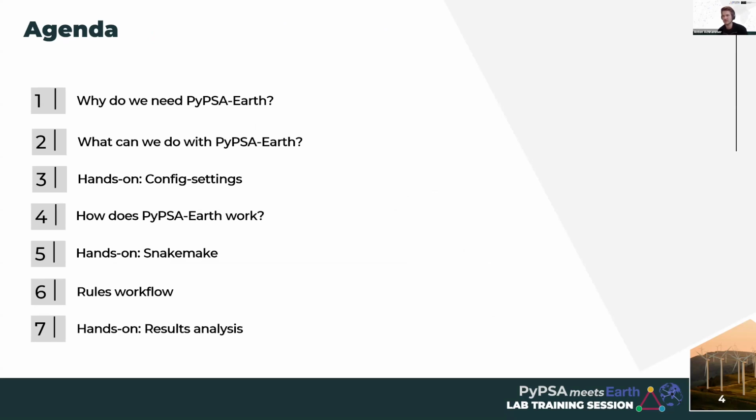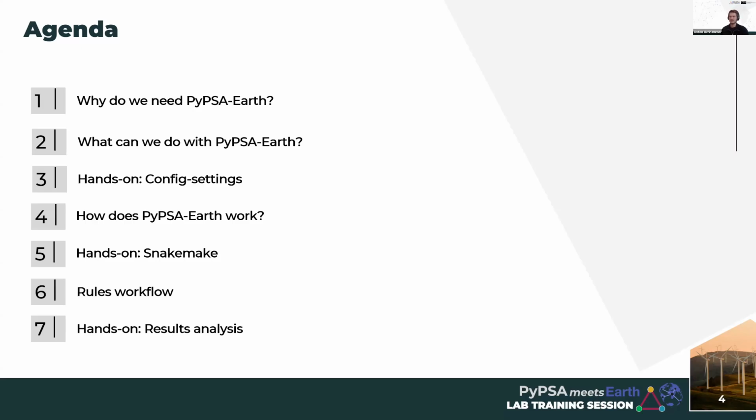We will start with a little bit of an introduction why we need PyPSA-Earth. Then I want to show you a little bit about what we can do with it. We will have a little bit of a hands-on session about configuration settings, which you can take in order to modify your PyPSA-Earth models. And then Eddy will tell you a little bit about how PyPSA-Earth works, a little bit of a behind the scenes of what is going on when you are running PyPSA-Earth.